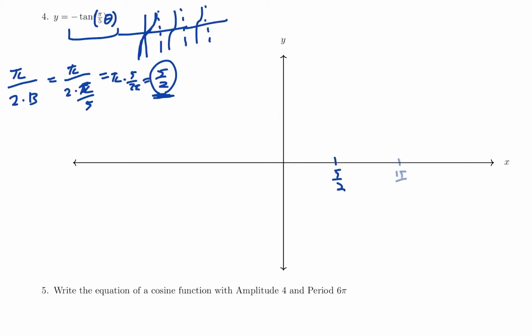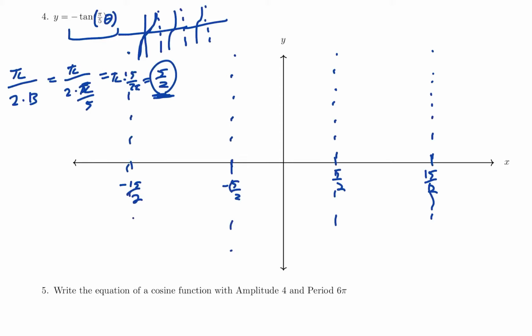There's no pi here. And also multiply by -1, we get -5 over 2 and maybe -15 over 2. So here we have vertical asymptotes. We cannot have those values, because if I input 5 over 2 into this function, it gives me tangent as undefined.